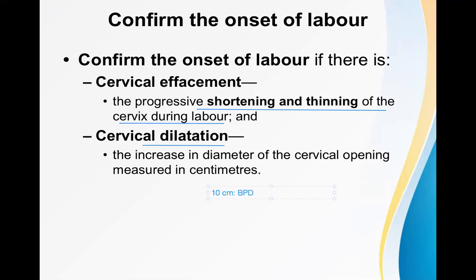Bipyramidal diameter. Excellent. Biparietal diameter. Okay, never forget this. Biparietal diameter is the maximum diameter of the fetal skull. It is 10 centimeter. So this has to pass for the baby to come out. So the cervix should also attain the same dilation, that is 10 centimeter. Let's move on.